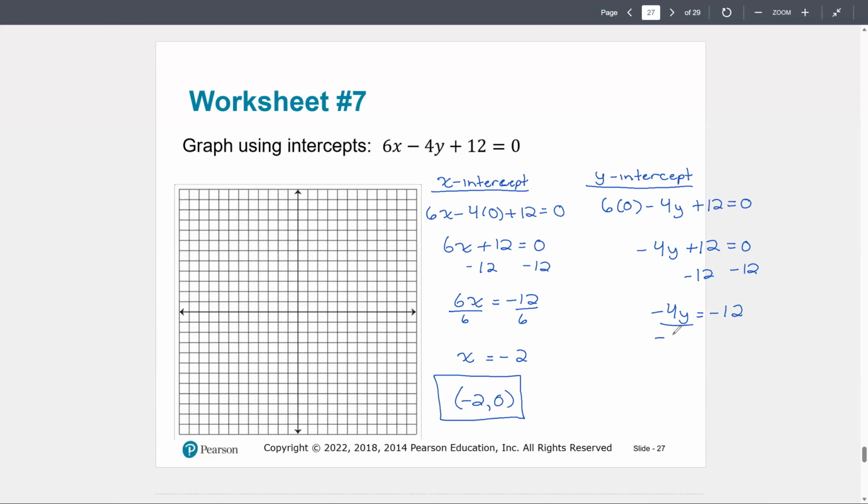If I divide both sides by negative 4, y is going to be equal to 3, giving us a point at 0, 3. So we have x is negative 2, and then y is here at 3.